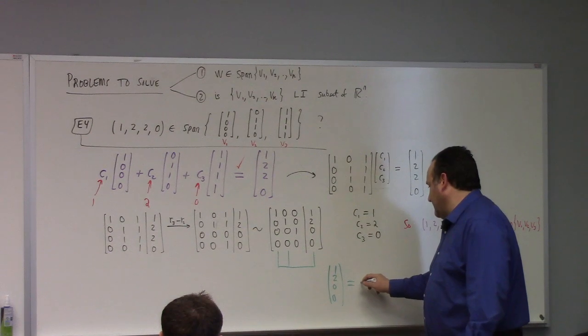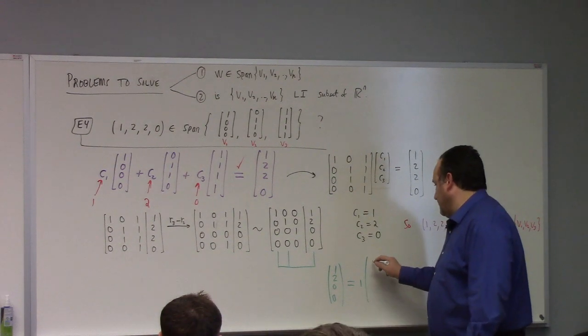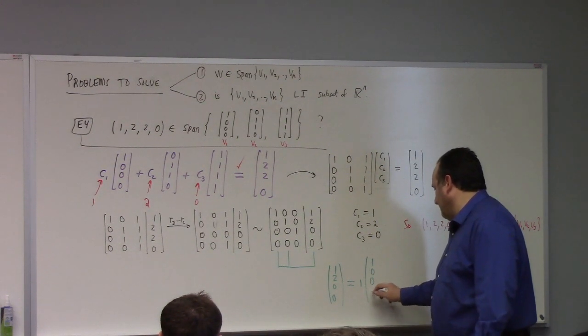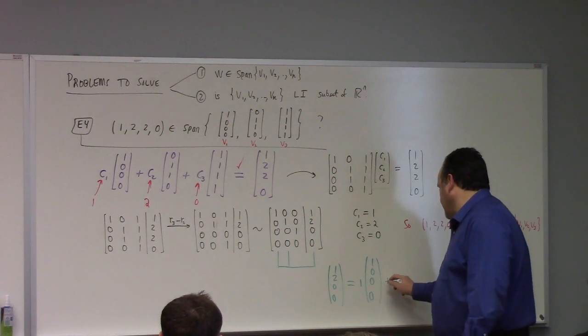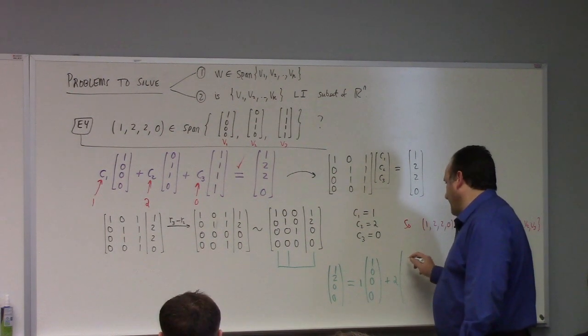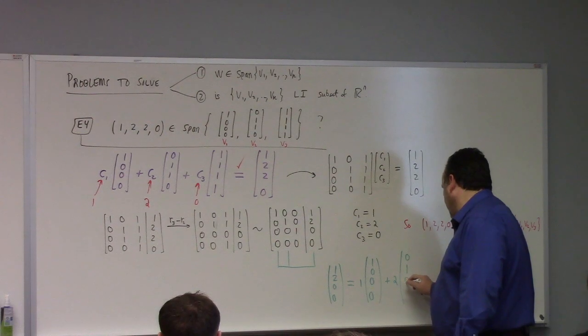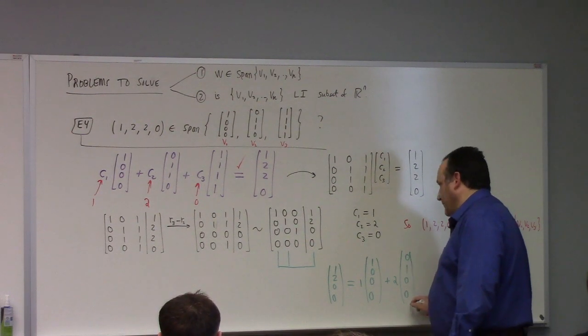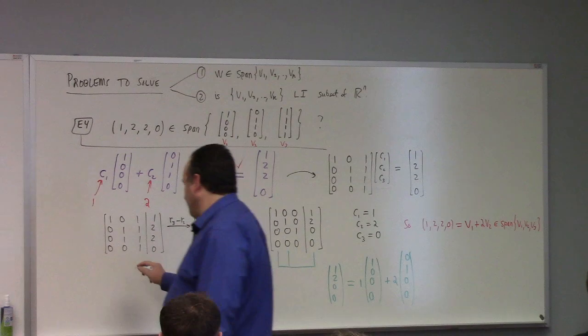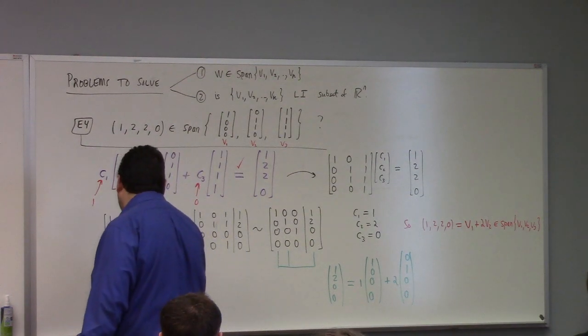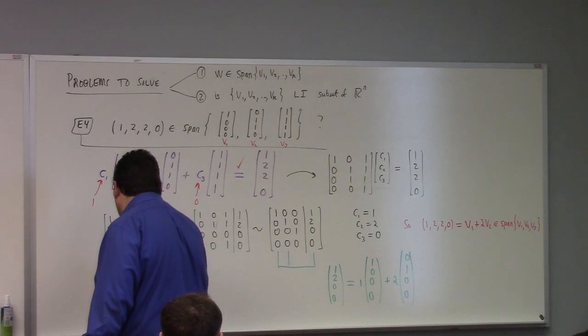It's kind of dumb, but it's 1 times the first pivot column plus 2 times what? Right. What's true over here? I mean, it's kind of a dumb example because they're so much the same, but notice here the same pattern holds, right?